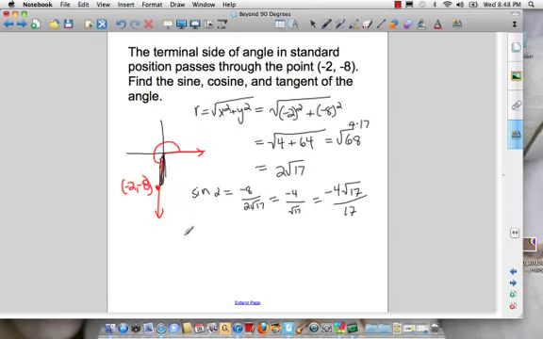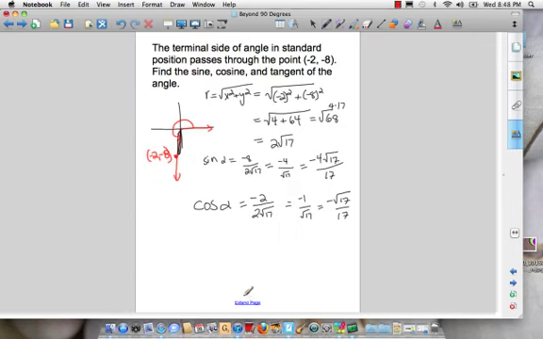And then the cosine of the angle is always the x-coordinate, in this case -2, over the r value, which we got 2 root 17, or -1 over root 17, or -root 17 over 17. And finally, the tangent of the angle is y over x, or -8 over -2, which is 4.